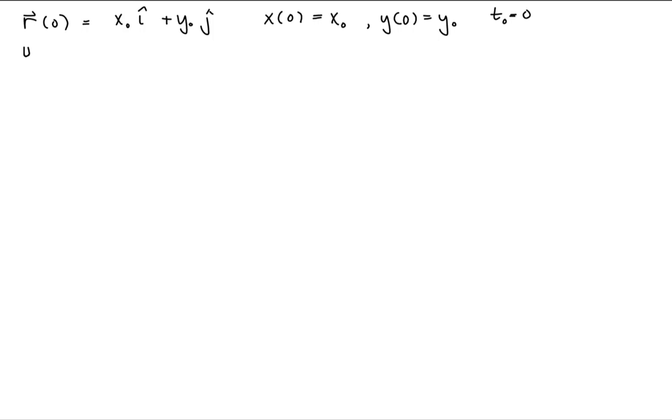The initial velocity of the object at time t equals 0 is given as having components v naught cosine theta naught in the x direction and v naught sine theta naught in the y direction.